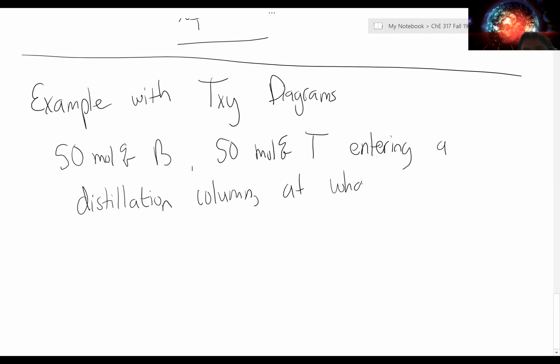At what temperature does the mixture boil?